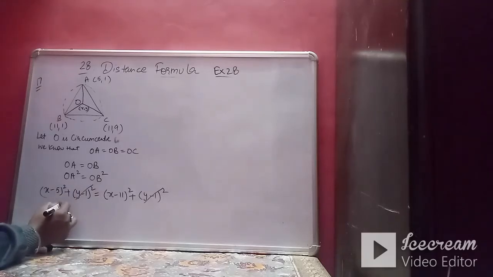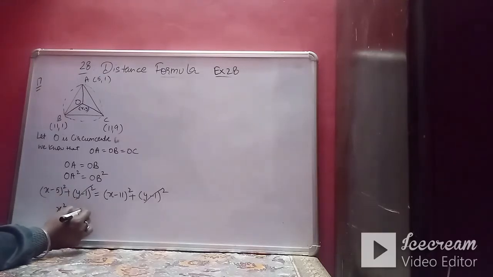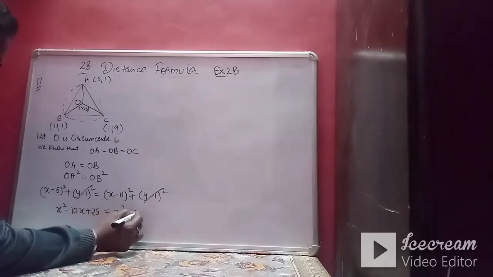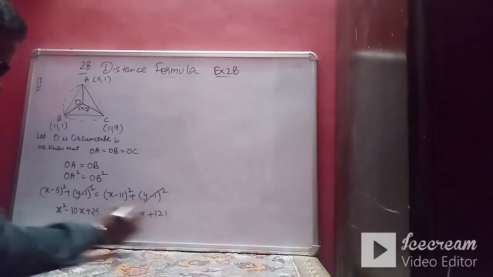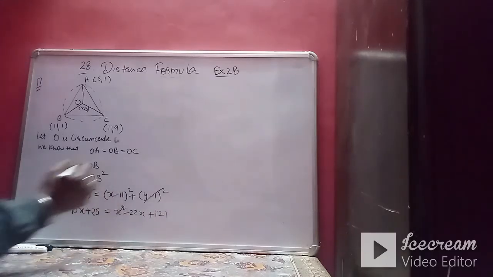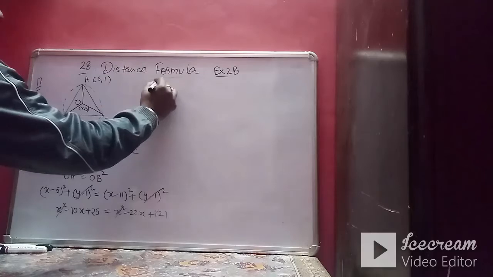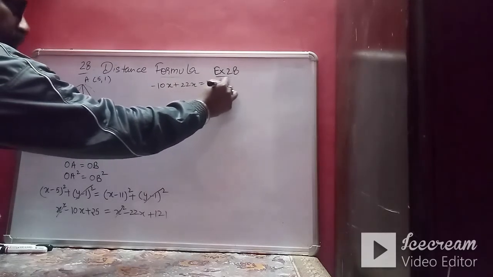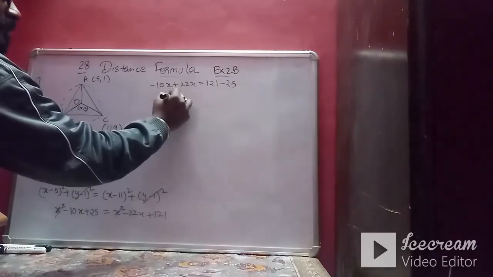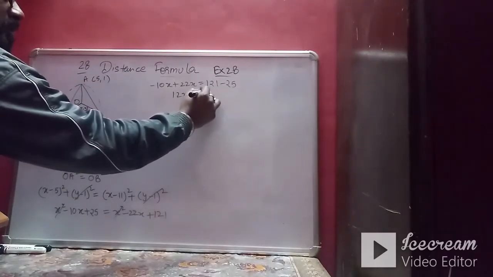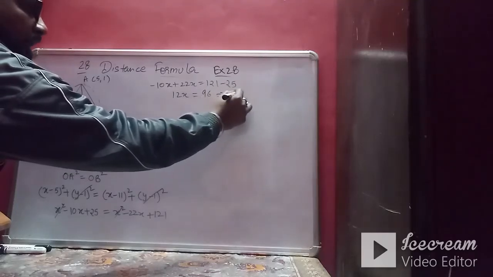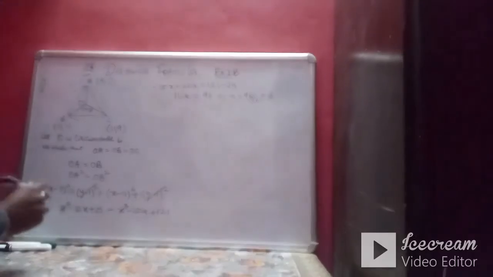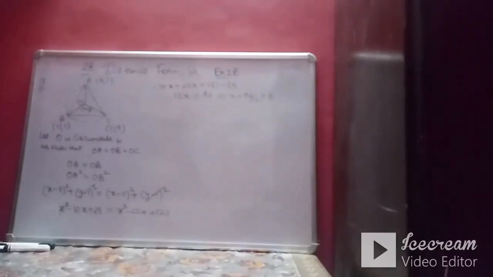Let's solve it. x square minus 10x plus 25 equals x square minus 22x plus 121. So this x square cancels out. It becomes a simple linear equation: minus 10x plus 22x equals 121 minus 25. So it will be 12x equal to 96. So what is x? 96 by 12, that is 8. So we got the value of x.